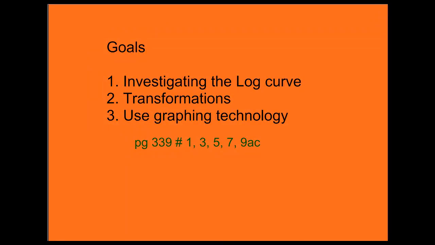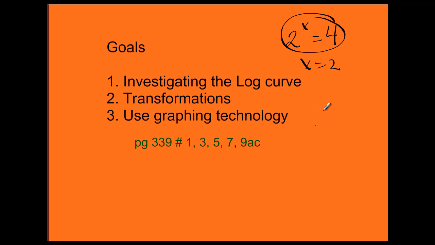Okay, today we're going to take a look at investigating the log curve. Up till this point, you've looked at taking an exponential equation, something like 2 to the power x is equal to 4, and being able to not only solve that by observation, but also rewrite it as its log form.